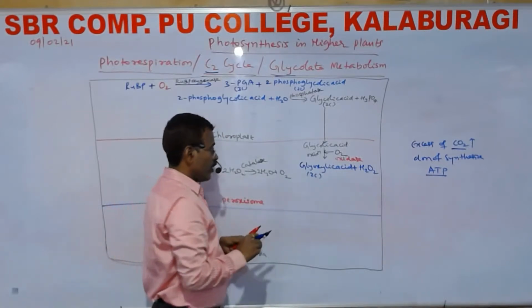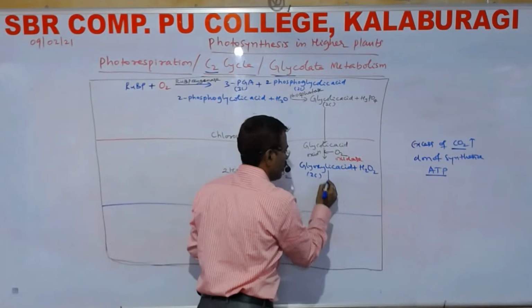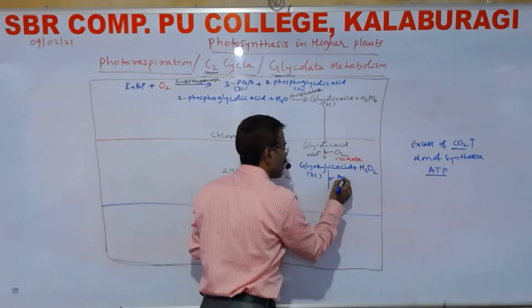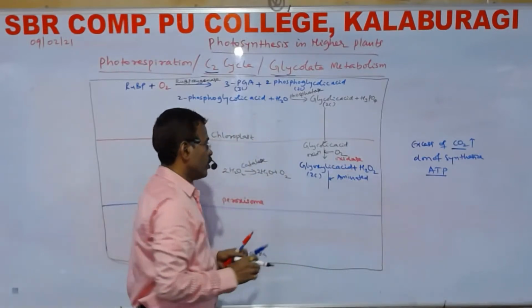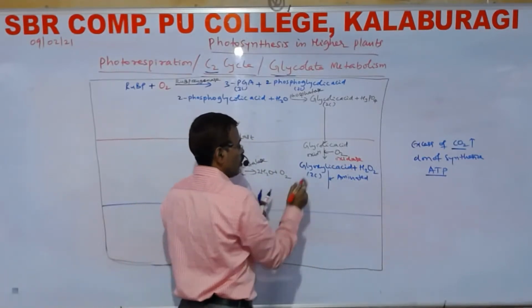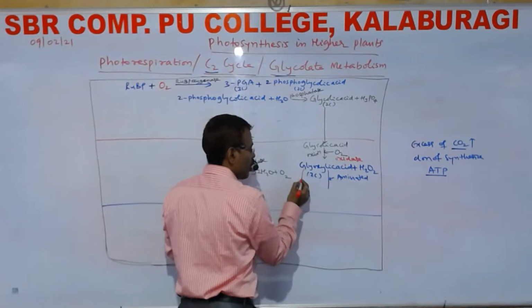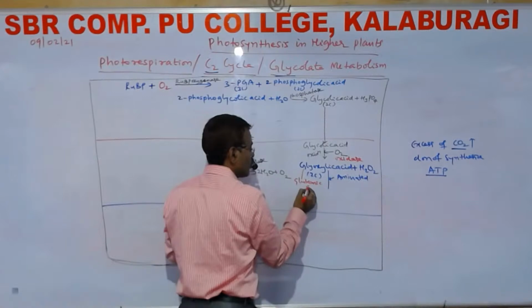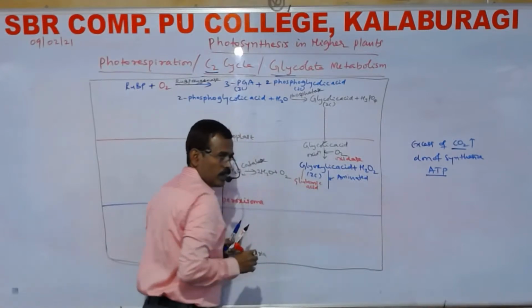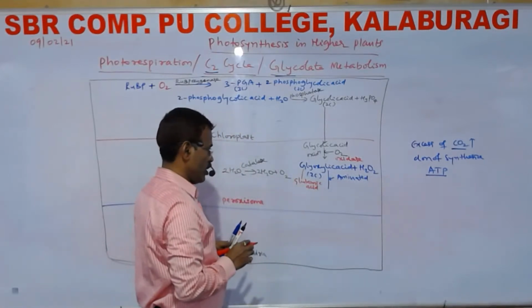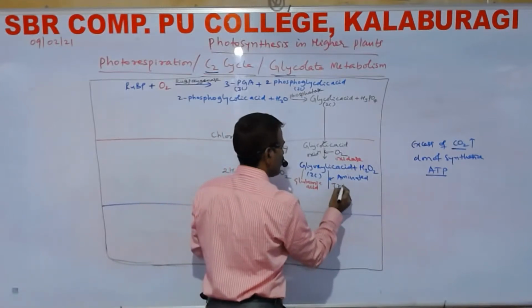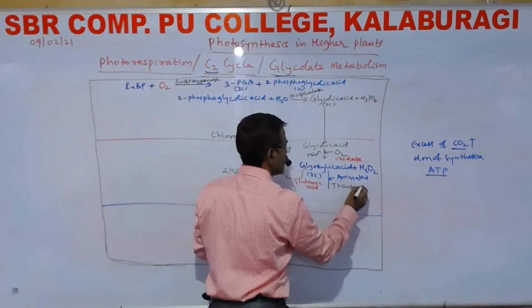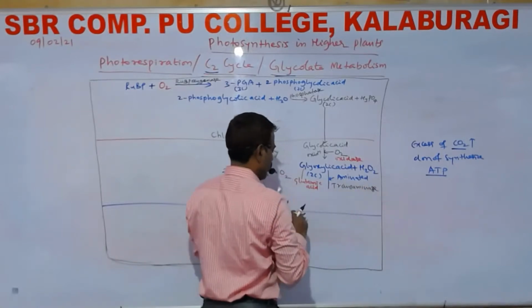Glyoxylic acid. This glyoxylic acid is aminated. It combines with glutamic acid in the presence of transaminase enzyme.